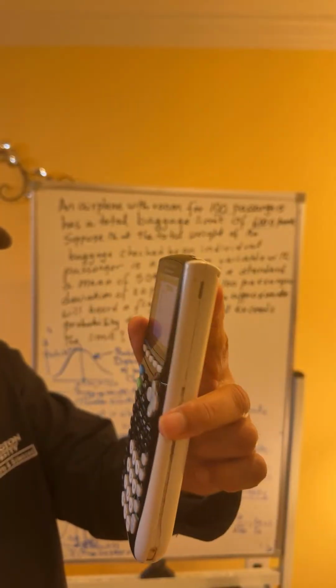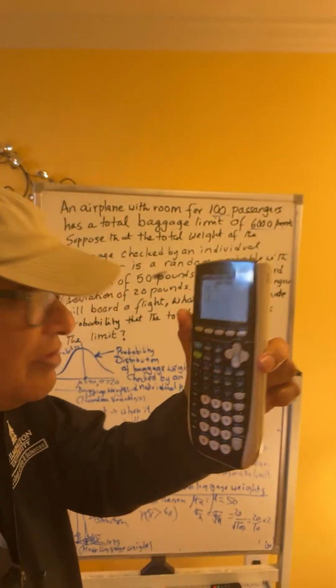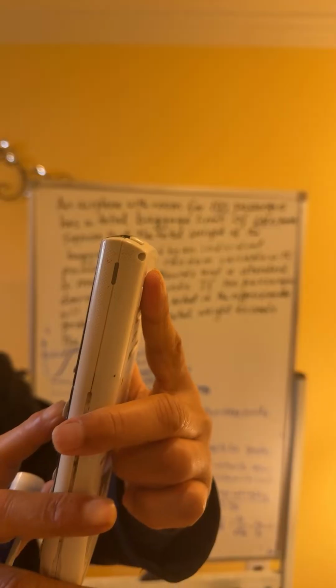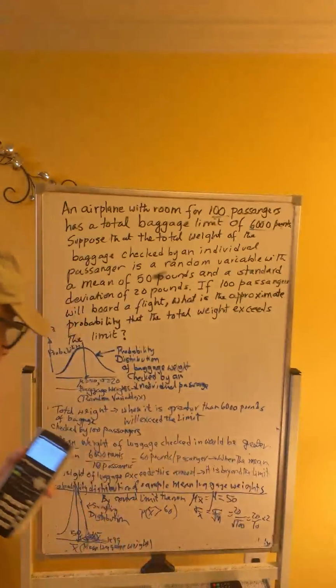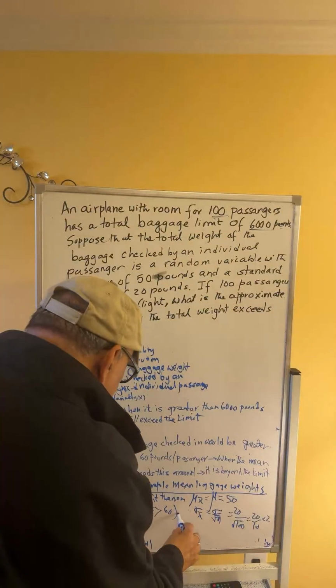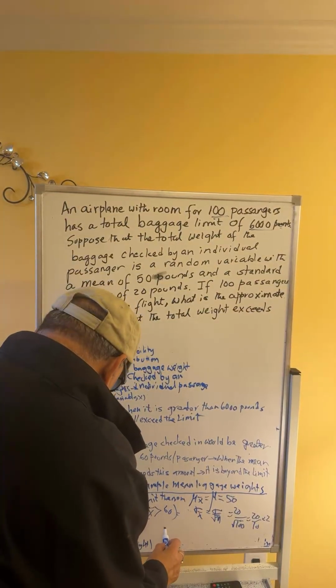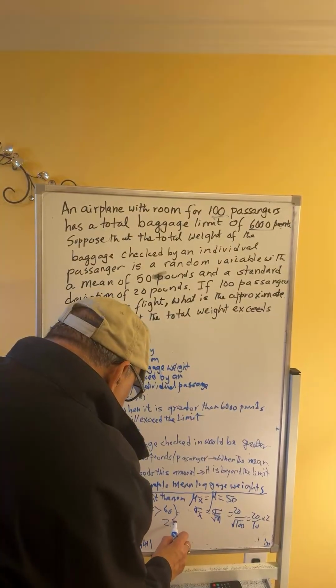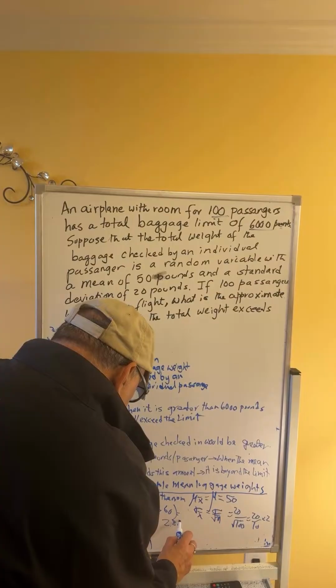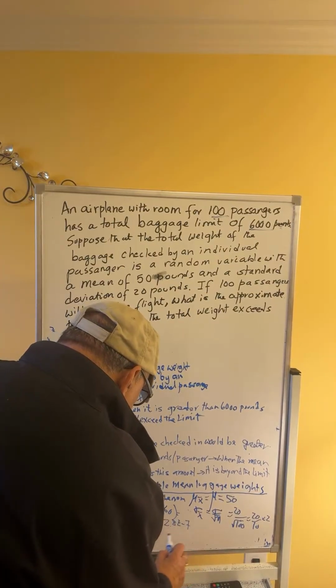20 divided by 10 is 2, okay, and we go paste, enter and enter, and that probability value is very low. It is 2.8e-7. What does it technically mean?